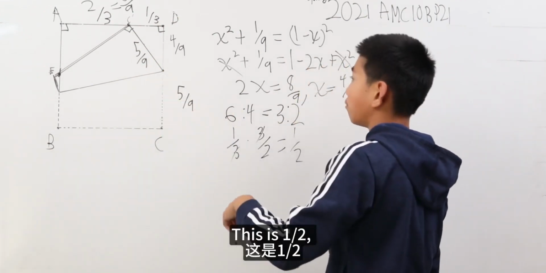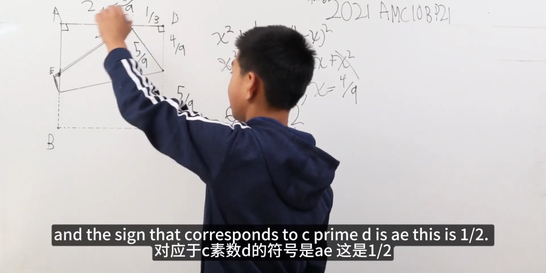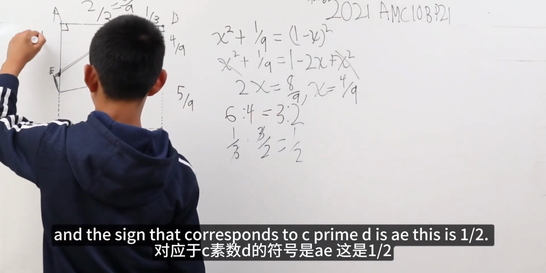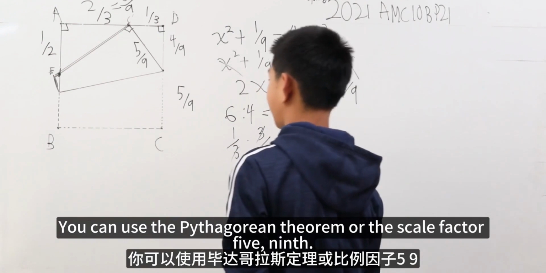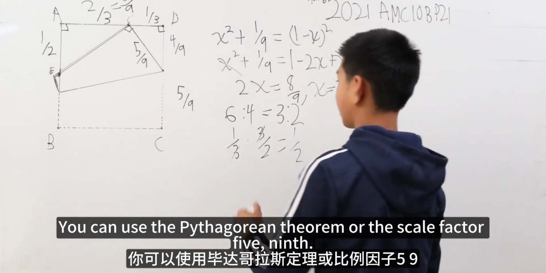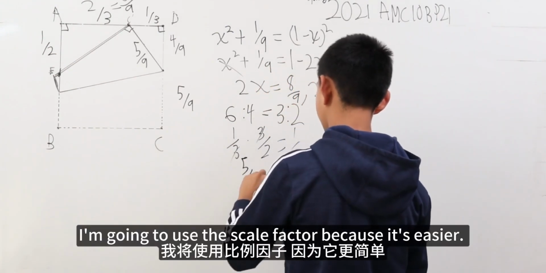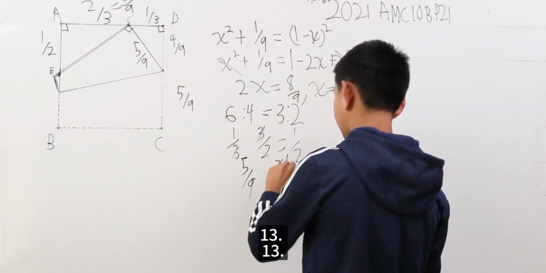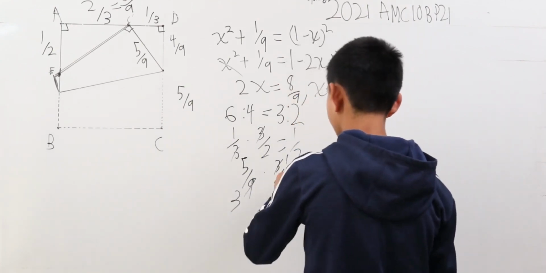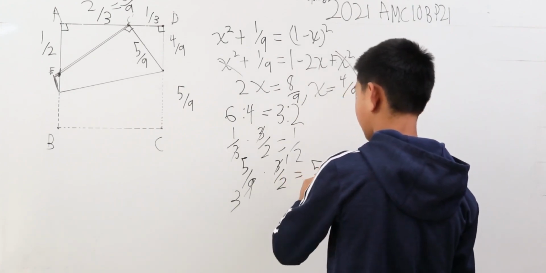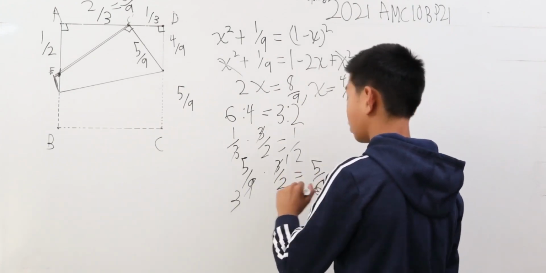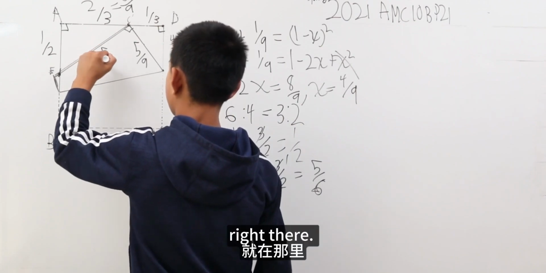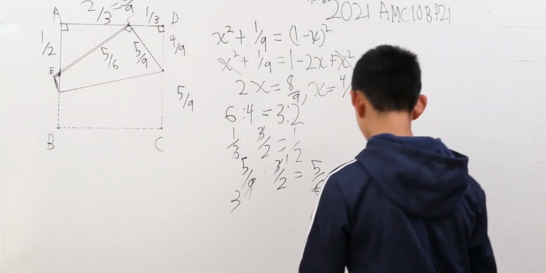This is 1/2, and the side that corresponds to C prime D is AE, so AE is 1/2. You can use the Pythagorean theorem or the scale factor for the 5/9. I'm going to use the scale factor because it's easier: 3/2 times 5/9 gets us 5/6.